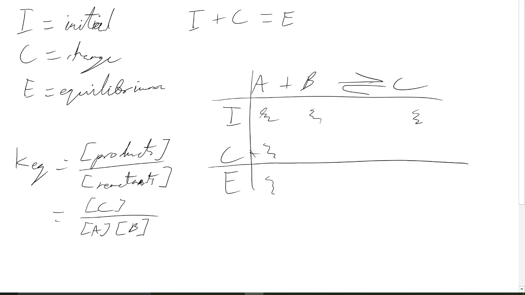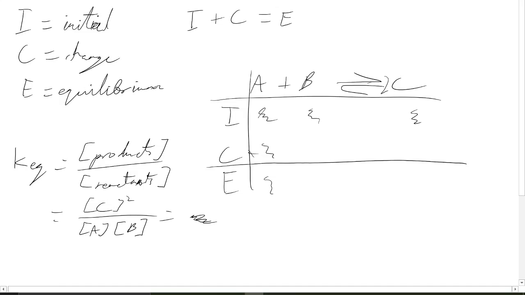But let's say instead of C, we had 2C. When you have a coefficient on a species, you put that as an exponent in this equation. And this will give you a number that won't have a unit.